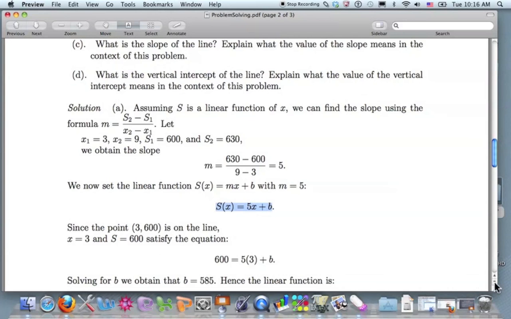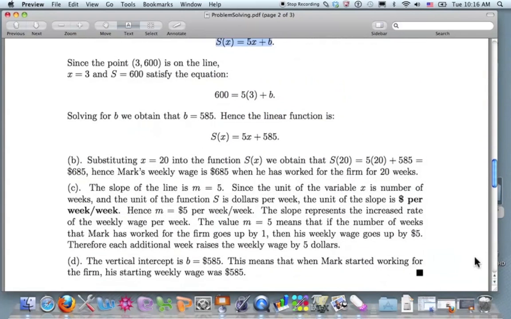Plugging into the equation to solve for b, we get b equals 585. Now we can answer the question: what is Mark's wage when he has worked for 20 weeks? We plug in 20, and we get 685.